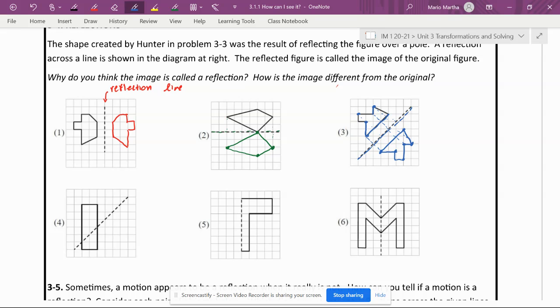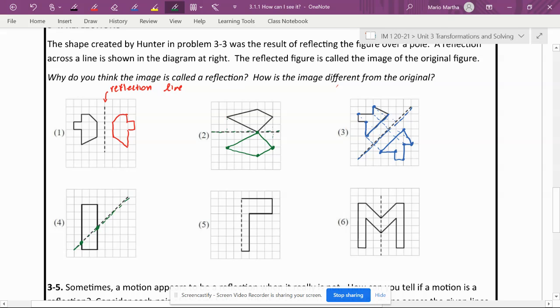All right, so same thing for question 4. So if we were to reflect this across that line, this point stays there and this point stays there. And then this goes over here, and this chunk gets reflected across the line.